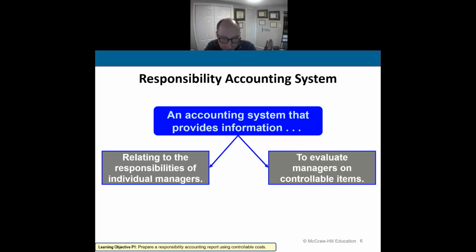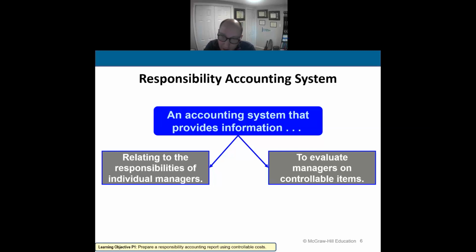What this is, my accounting system tells me information on how I'm managing my costs that are controllable. And it also tells me how responsibilities of individual managers relate to that information.